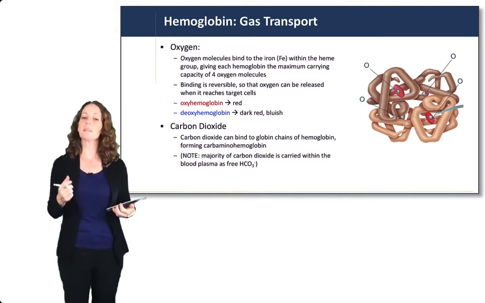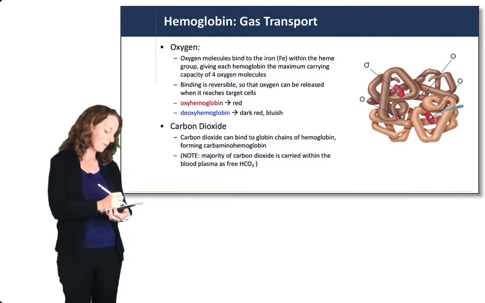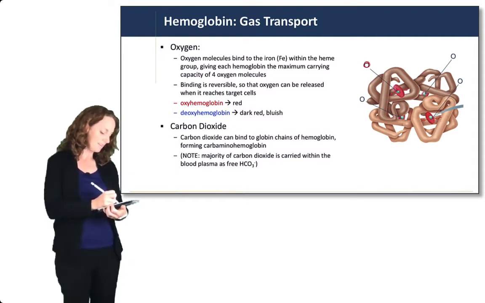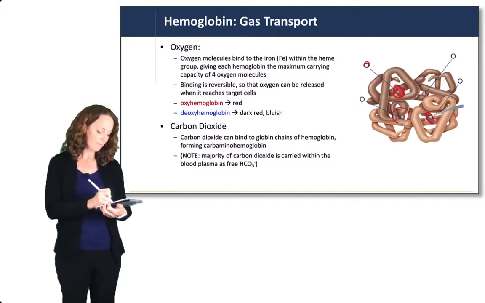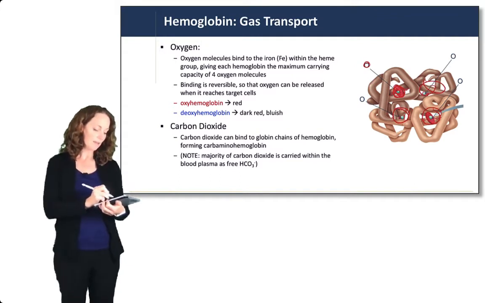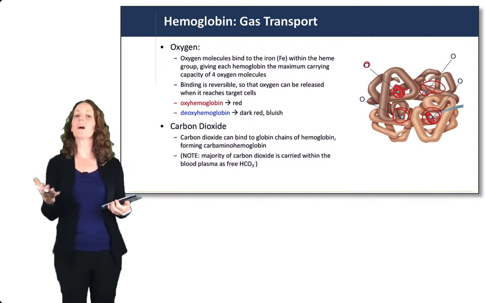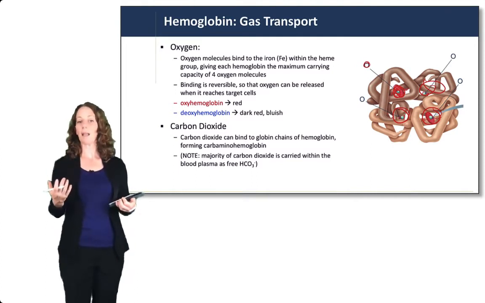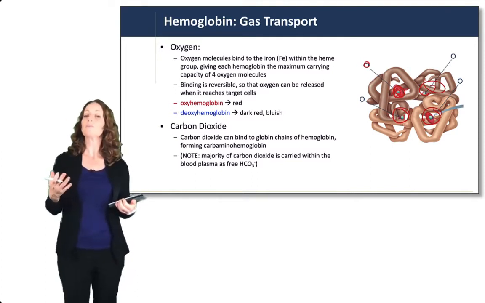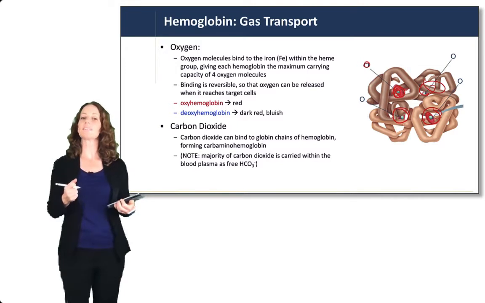oxygen molecules. And we can see that drawn here, where we have an oxygen connecting to each heme group. So that's 1, 2, 3, 4 possible oxygens on one molecule of hemoglobin. It's not only important for the hemoglobin to bind the oxygen, but also to release it when it reaches target cells.